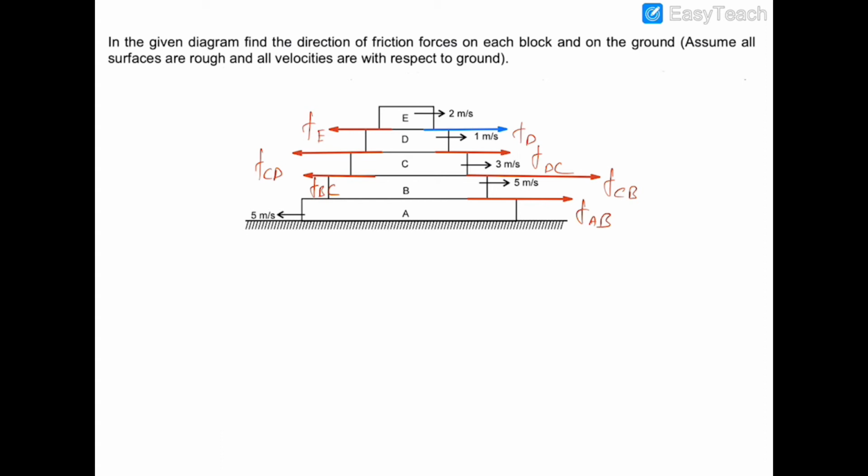So block B will have the friction due to A towards the left side. This is friction on B due to A.